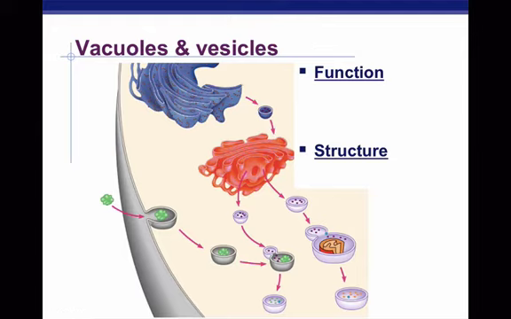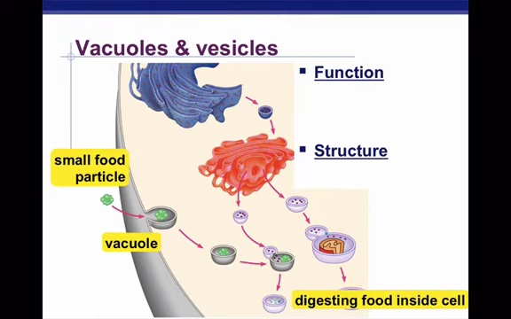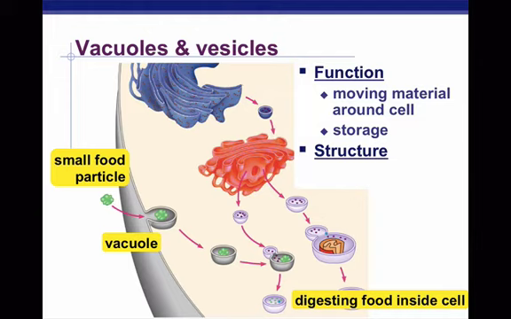So vacuoles and vesicles. The function of a vacuole and vesicle is moving materials around the cell and for storage. What I've shown here is a diagram of a small food particle being engulfed by the cell. It's engulfed by a process called endocytosis. I'm going to write that word for you right now.